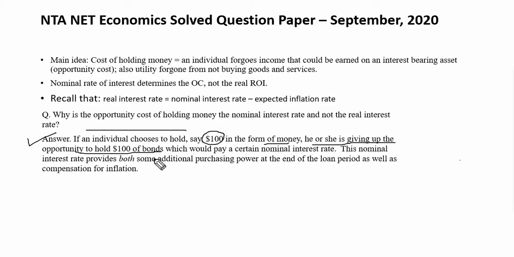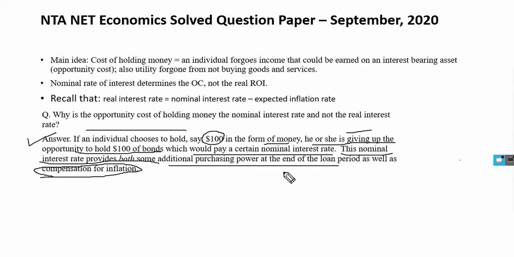So he or she is foregoing this $100 of bonds by holding it in the form of money. We know that this $100 of bonds would pay a certain nominal interest rate. This nominal interest rate provides both some additional purchasing power at the end of the loan period as well as compensation for inflation, so it compensates for the inflation level.